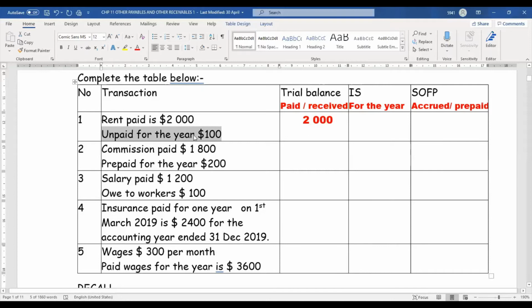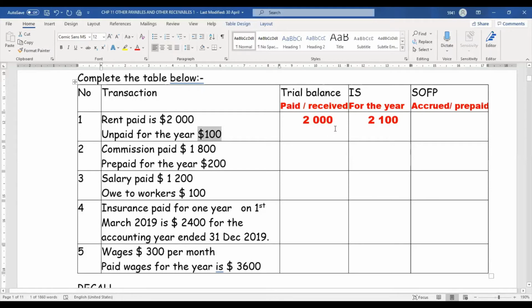So how much will we record in the income statement? Is it 2,000 that we paid, or 100 that we haven't paid, or 2,100? How much is rent for this year? Rent for this year is 2,100. The 2,000 that we already paid, plus the one that we haven't paid, which is accrued.